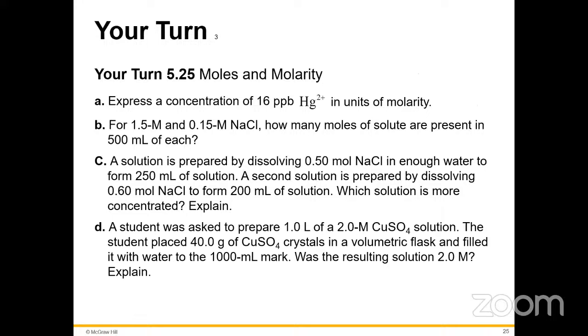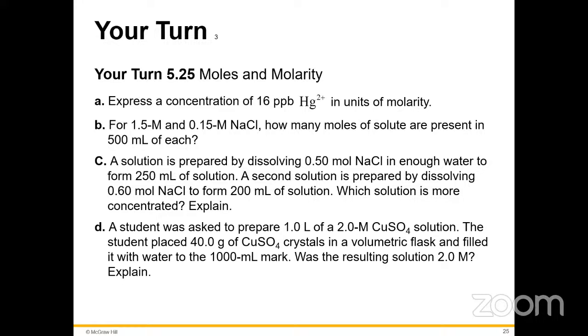Okay, let me see what the B part is saying. It says a student is asked to prepare 1.0 liter of a 2.0 m copper 2 sulfate solution. The student placed 40.0 grams of copper 2 sulfate crystals in a volumetric flask and filled it with water to the 1,000 mL mark.